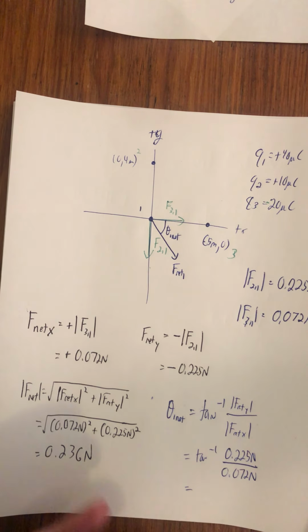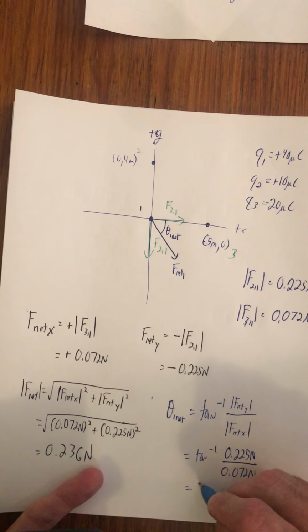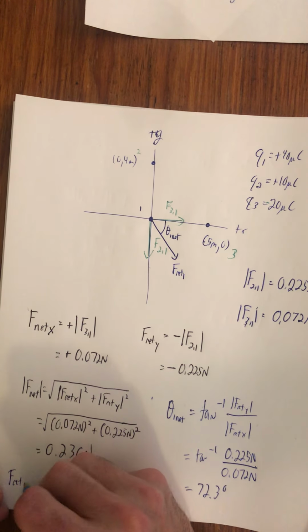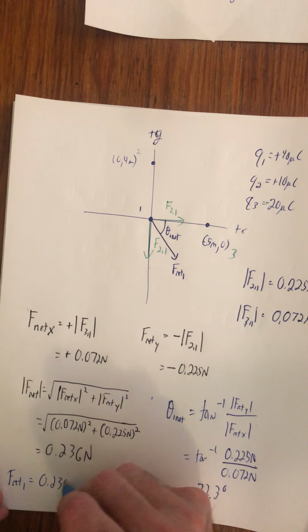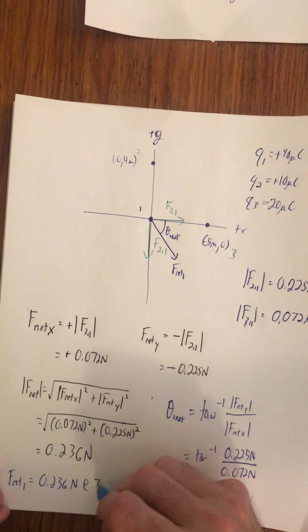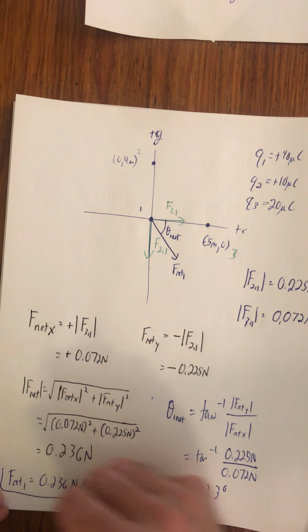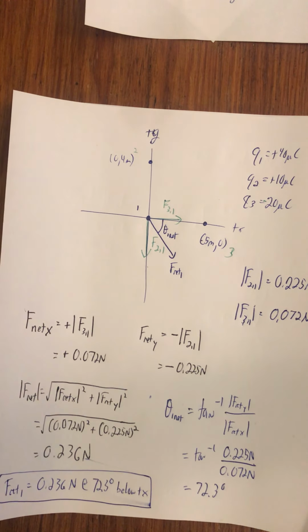So notice these are magnitudes because remember, I'm just finding a reference angle. Our arctangent, answer 72.3 degrees, good. So I have my final answer, F net 1 is equal to 0.236 newtons at 72.3 degrees below positive x. And now I have a full answer to that.